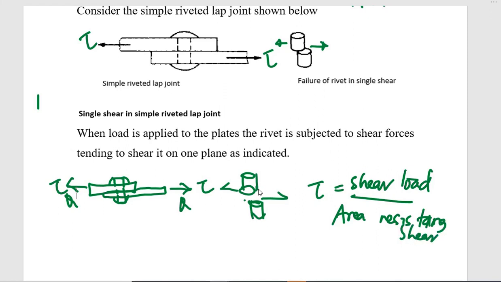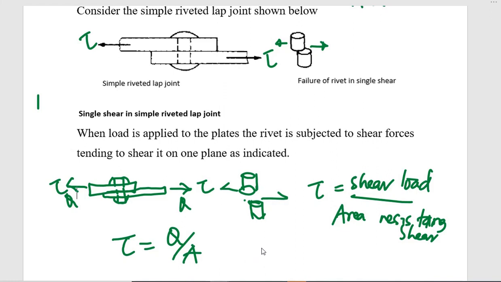Now, if I take one piece, it means that the shear stress tau is going to equal the force 2, if I use 2, divided by the area.